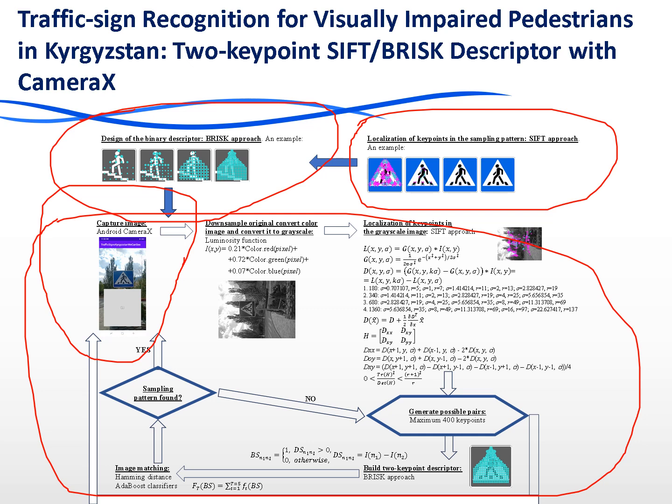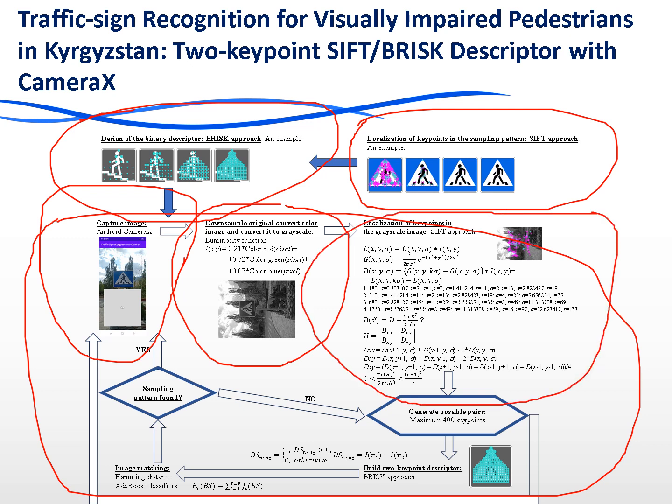We found that any up-to-date camera smartphone can handle this task. So after capturing the image, we convert the color image to the grayscale. And then we are looking for key points on the grayscale image we received at the previous step. Okay, so at this point, when we apply SIFT approach, we are looking for 400 key points.